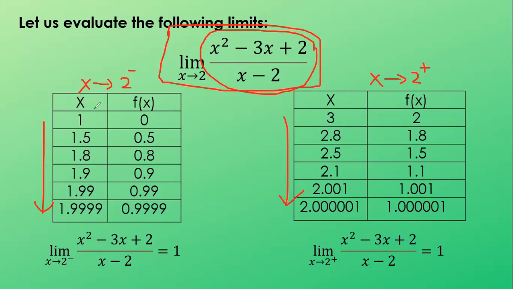So pag sinubstitute si 1, f of x is 0. And then next, so on and so forth. 1.5, 0.5. Okay, hanggang makarating sa 1.9999. Okay, ang f of x niya ay 0.9999. So this is really close to the value of 1.